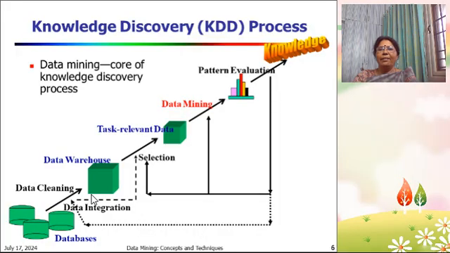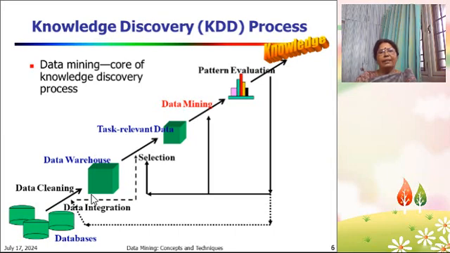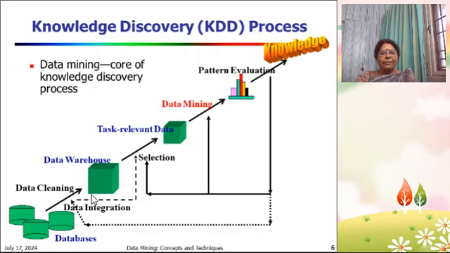From the data warehouse, the task relevant data, that is data specific for the given application, is required for solving the given problem. Such task relevant data is selected and used for extracting useful information.